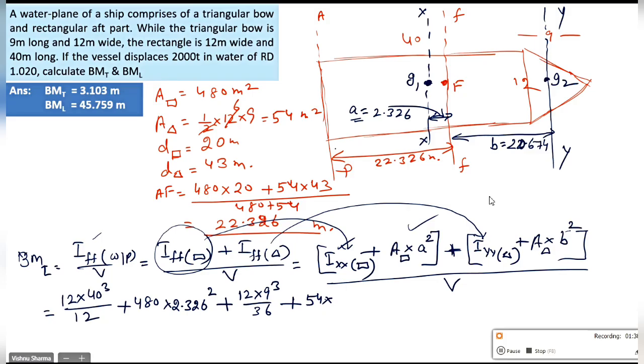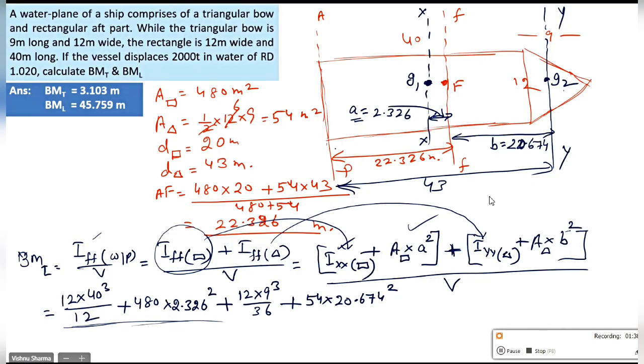B is 20.674 square. Sir, how is this? B is 20.674. Beta, what is the distance of G2 from A? That is 43 meters. Yes or no? G2 from AA, after perpendicular, it's 43 meters. Yes or no?